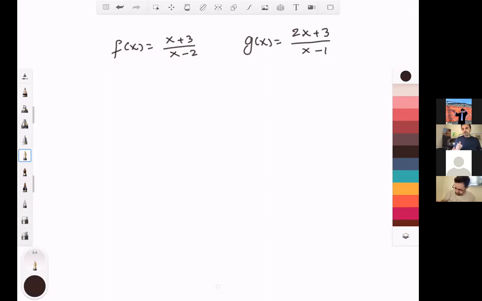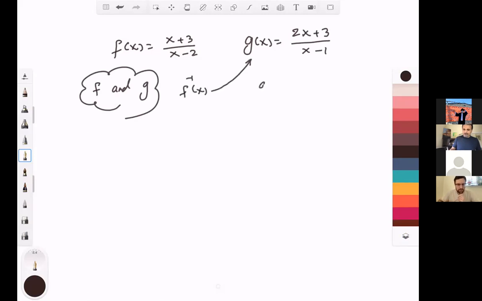So the question is, they say verify that f and g are inverses of each other. That means f inverse of x equals g of x and g inverse of x equals f of x.